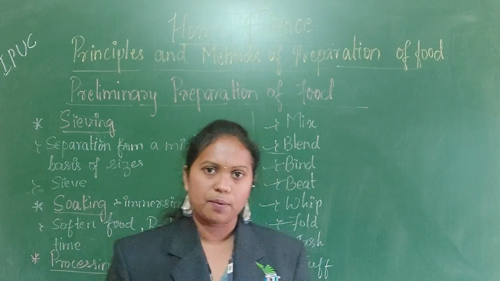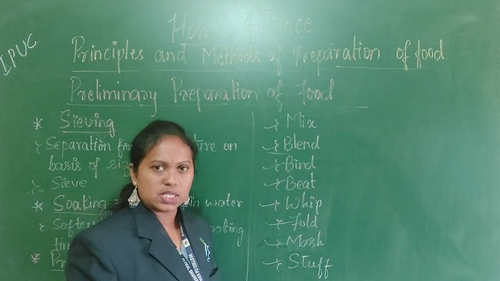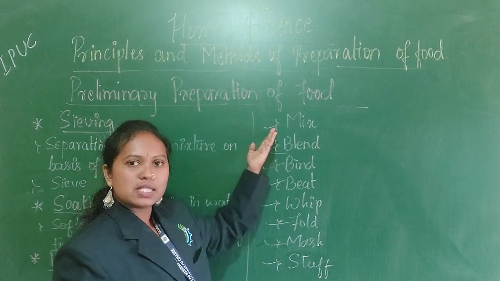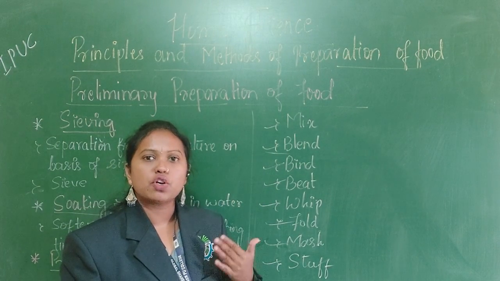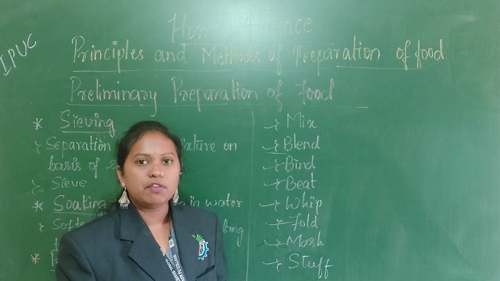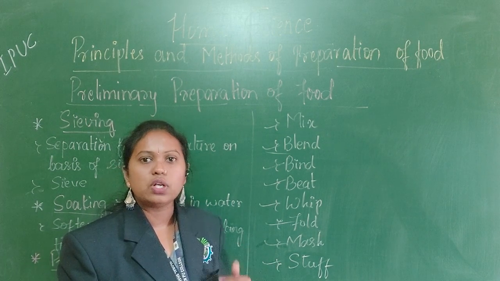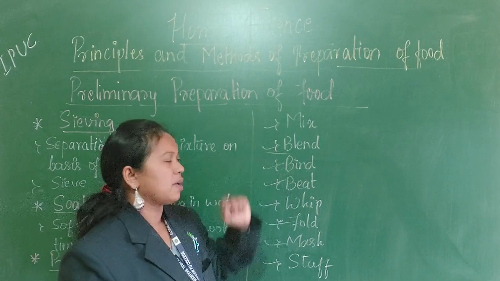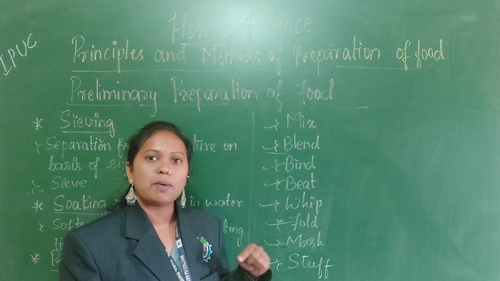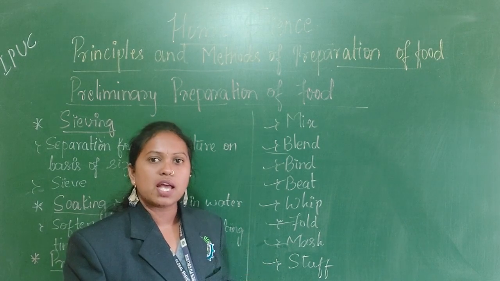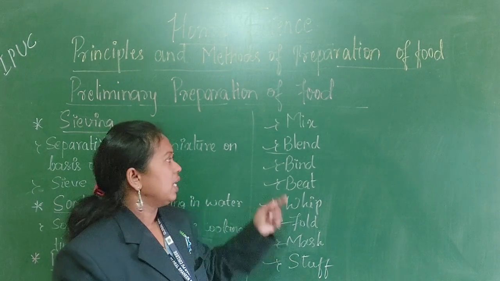In the processing, there are various processes like mix, meaning to combine the ingredients in such a way that the parts of each ingredient are evenly dispersed in the total product. Next is the blend, to mix two or more ingredients so completely that they lose their separate identity.